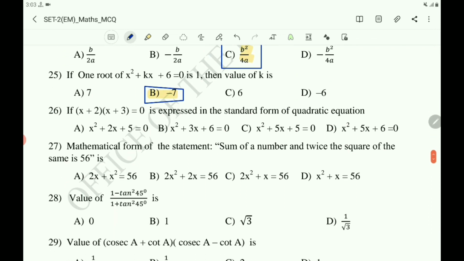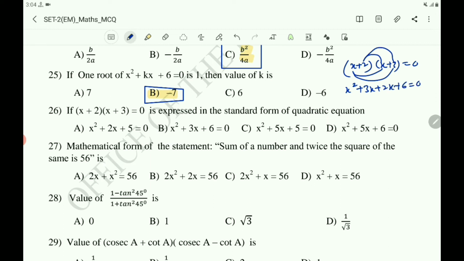Then you take the 26th question. If (x plus 2) into (x plus 3) equals 0 is expressed in the standard form of a quadratic equation, find the product of these two. x into x, x square, x into 3, 3x, again 2 into x, 2x, 2 into 3, 6.